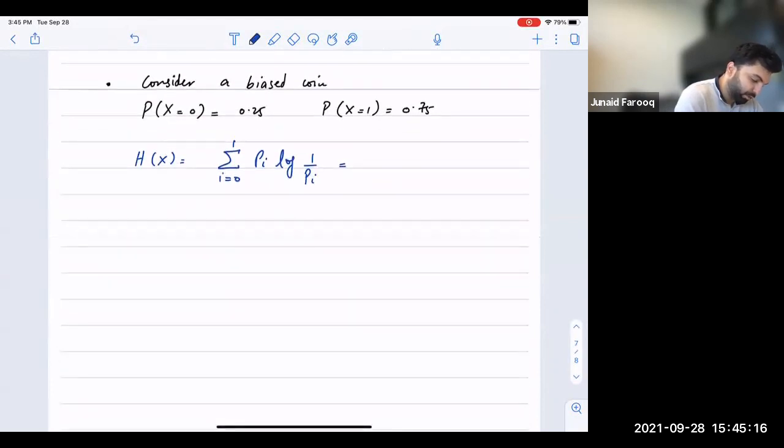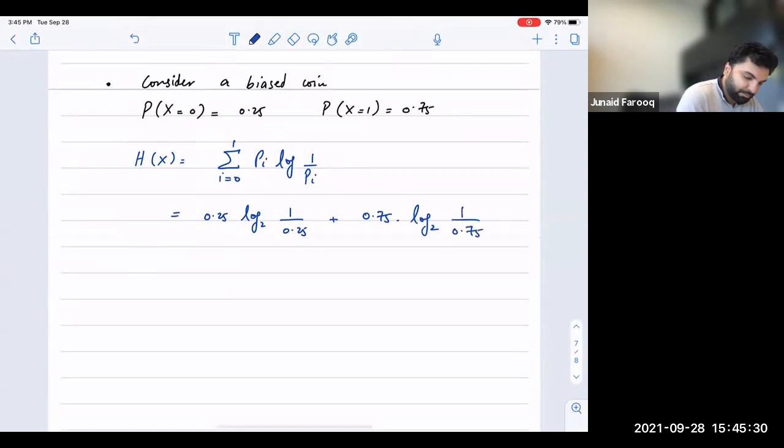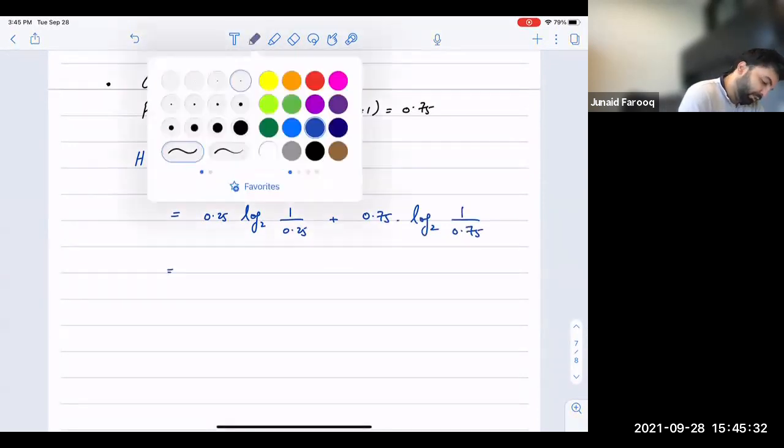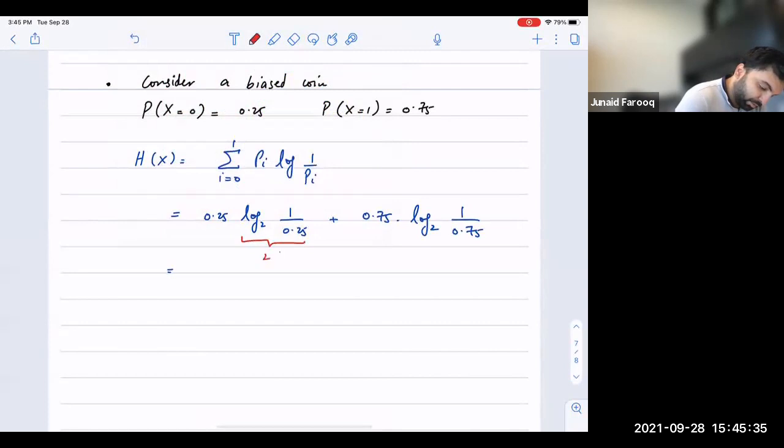So this is going to be 0.25 log 2 of 1 over 0.25 plus 0.75 times log 2 of 1 over 0.75. This is 2 bits, right? And this is 0.415 bits. So if you compute this average, it's going to be 0.811 bits.